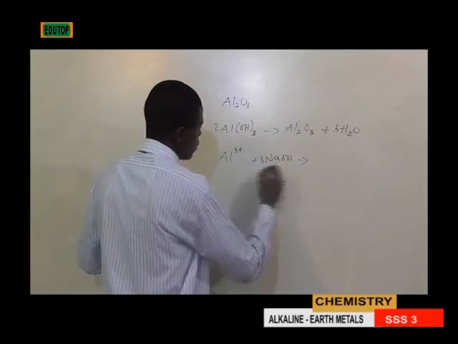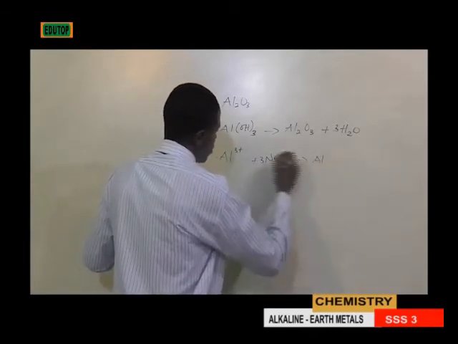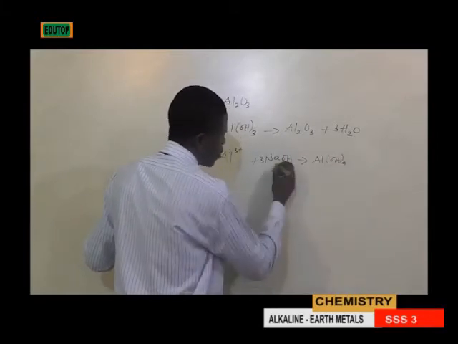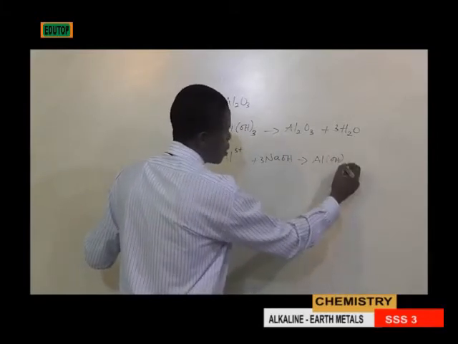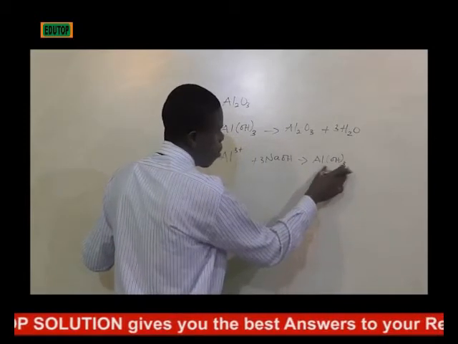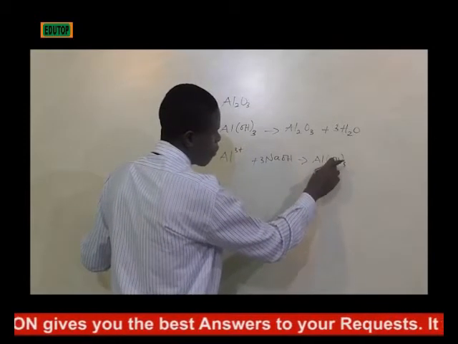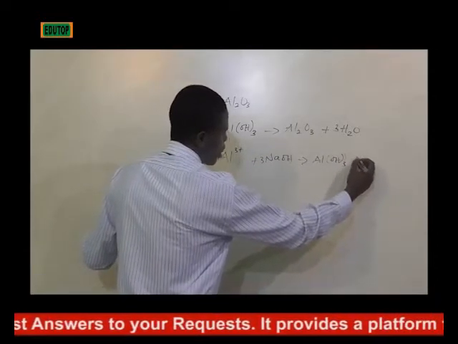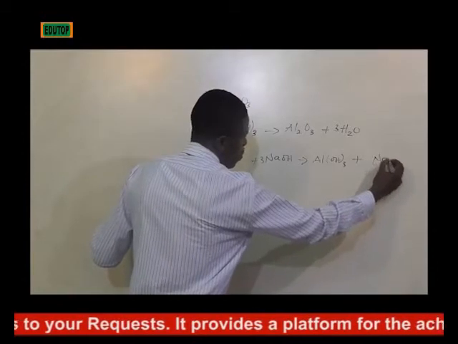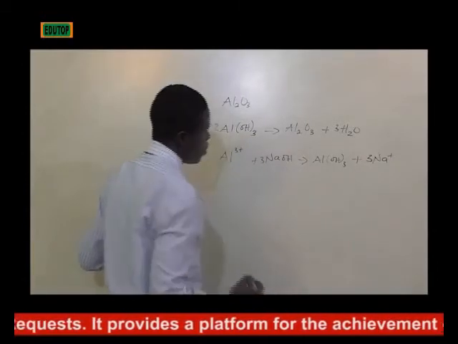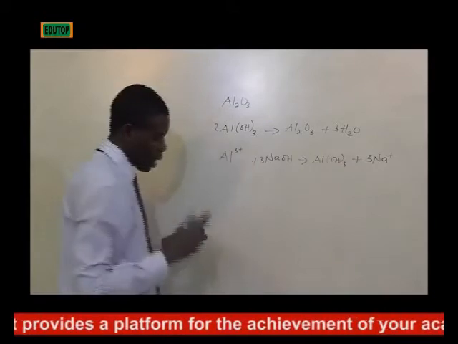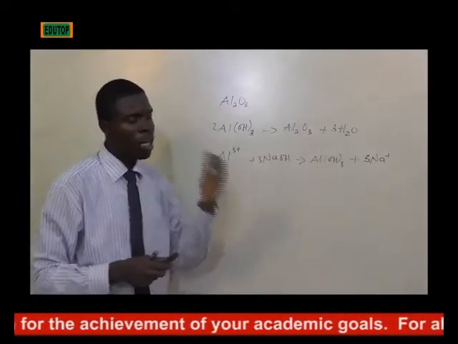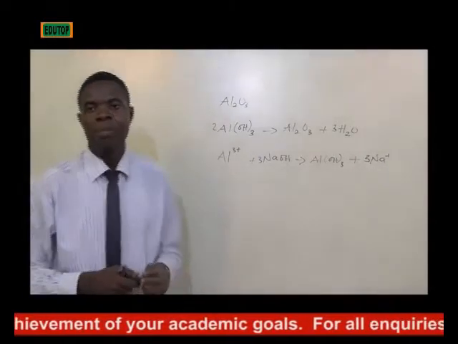So in this situation, you have your aluminium 3+ combining with the hydroxide in sodium hydroxide to give 3 moles of hydroxide combining with the 3 positive charge of aluminium, and this gives you sodium ion, 3 moles. So here this is precipitated out because it is insoluble. So this is the simple way by which aluminium hydroxide can be obtained.